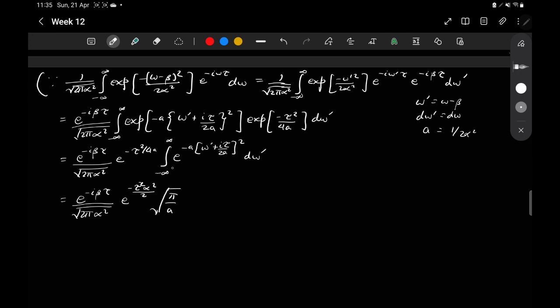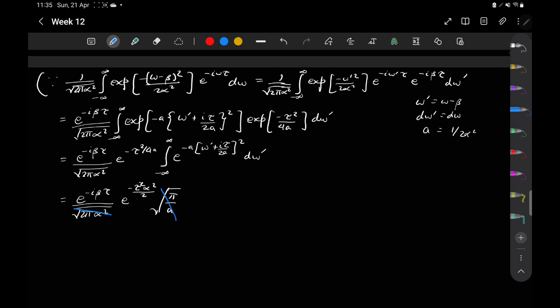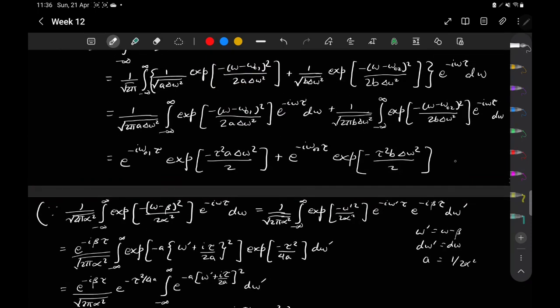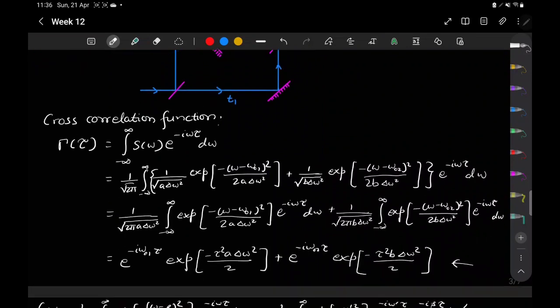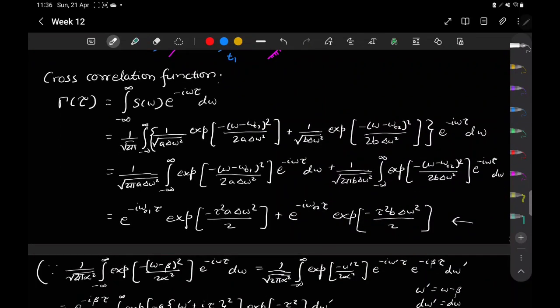And this integral, the Gaussian integral, gives root pi over a, and this root pi over a cancels with root 2 pi alpha squared, because a is 1 over 2 alpha squared, and so this gives finally the following. Using this we have obtained this expression for the cross correlation function.